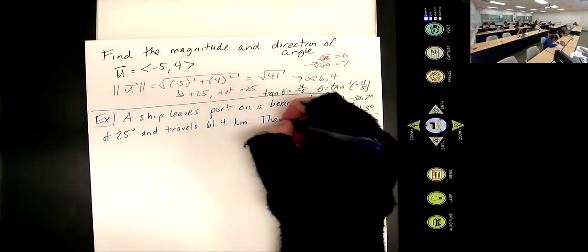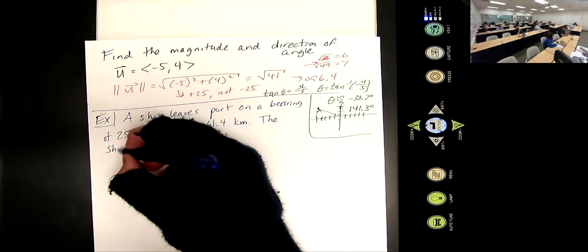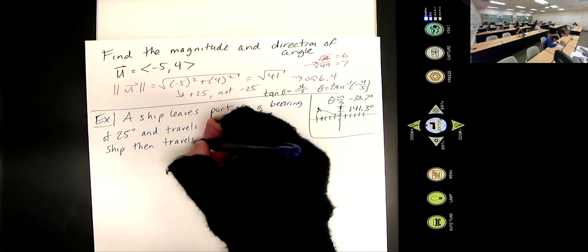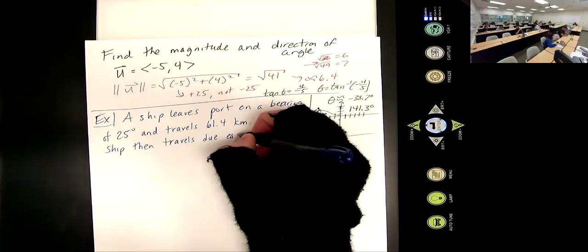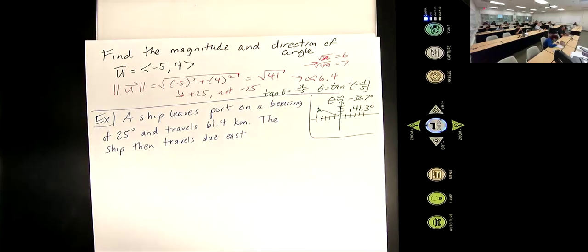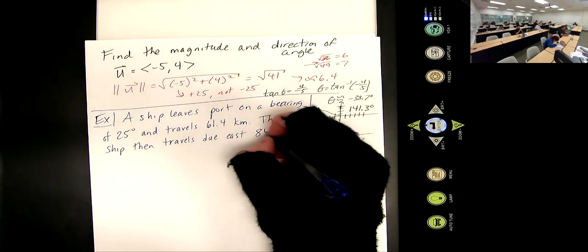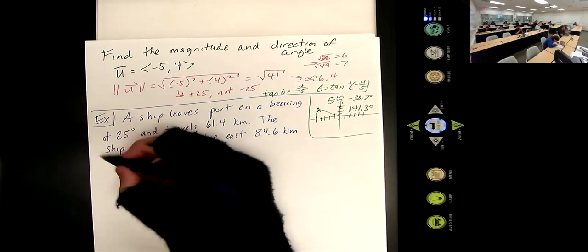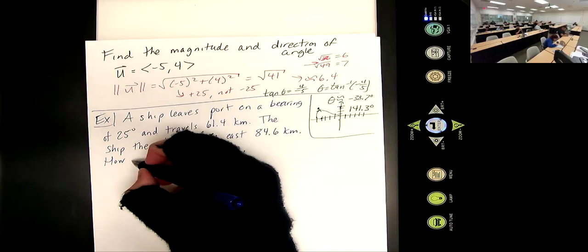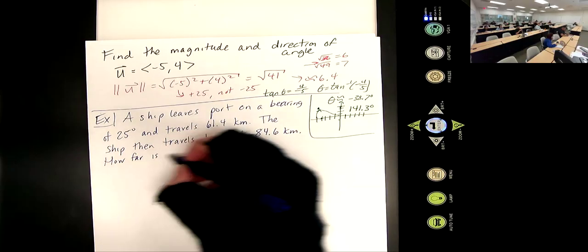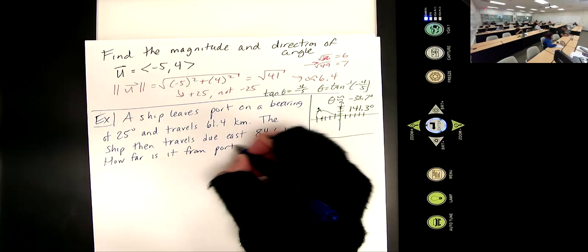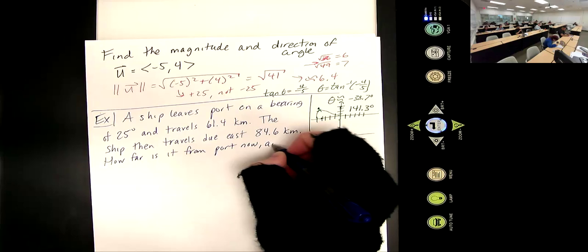The ship then turns due east and travels 84.6 kilometers. How far is it from port, and at what bearing?